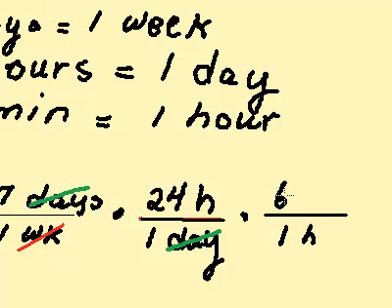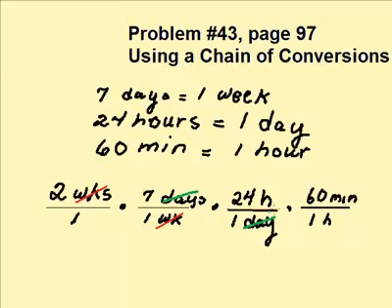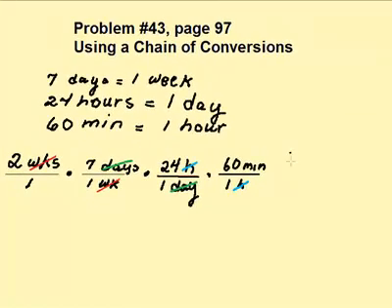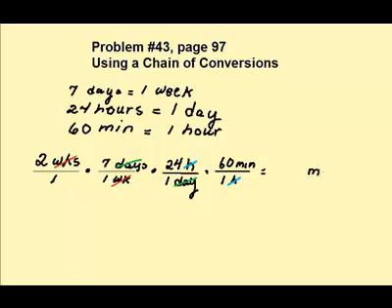And then I'm going to put 60 minutes in the numerator. Now I'm ready to do my last bit of simplification. The hours can be divided out. And if you look at where we are now, the only label we have left in the problem is minutes. And I'm going to bring that over here.